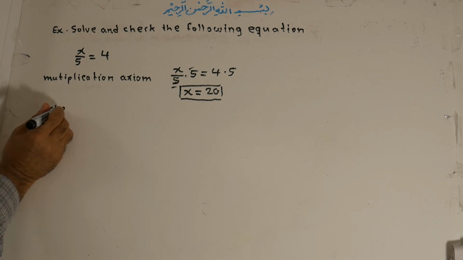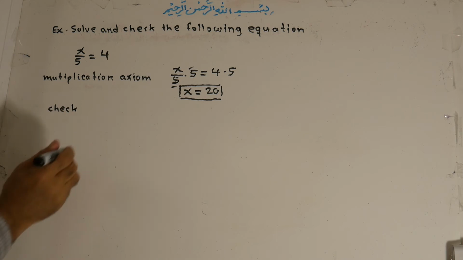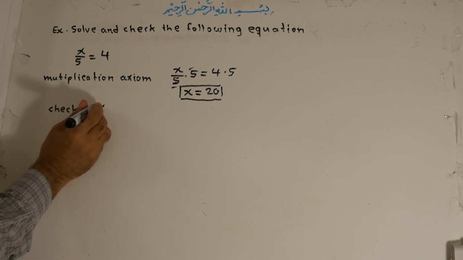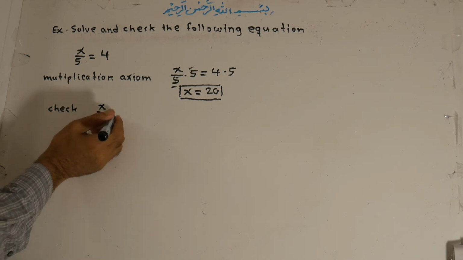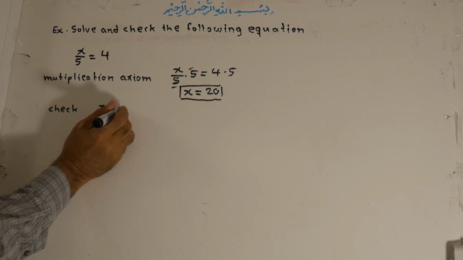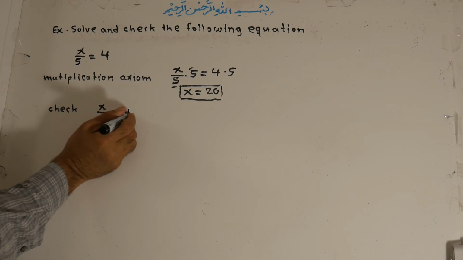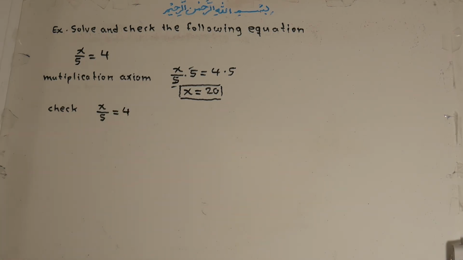Check the answer. What we do is, instead of the unknown x in the equation, we put the value of x that we got as the answer.